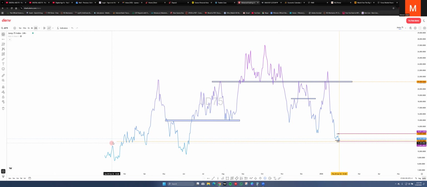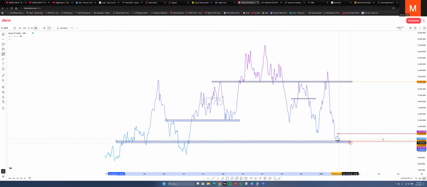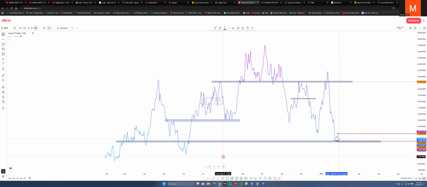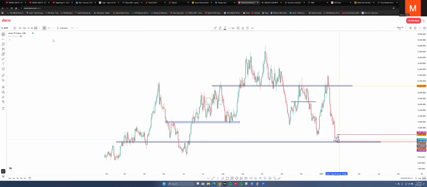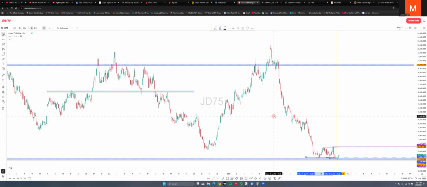You see how I changed it to line chart so I'll be able to see what I'm doing. So yeah, this is a zone. If I go back to candlestick, you see, this is why I changed it to line chart, so I could see well. So that's a zone where the market is.